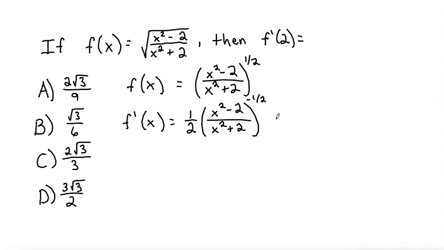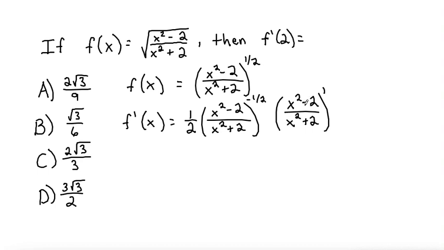But now we need to multiply by the derivative of the inside function. So for now, I'm just going to write the inside function and then prime. So we still have to take the derivative of this. So how do we take the derivative of this?